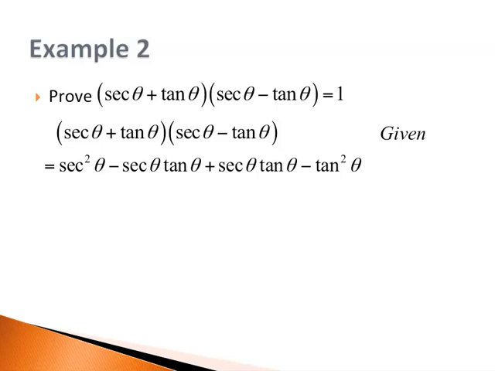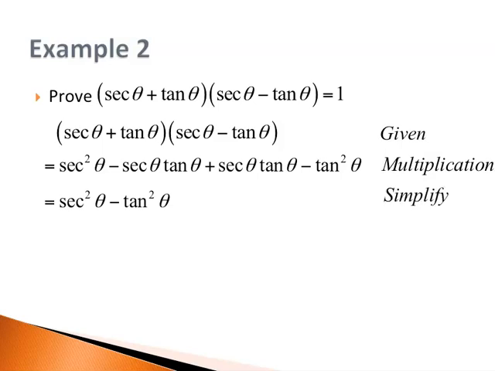So that comes out to be secant squared minus tangent squared, and that's just simplifying. Okay, but we're still not at the stage where we have it equal to 1. Now, if you do see functions that are squared, that should make you think, oh, maybe I could use a Pythagorean identity to help us out here.